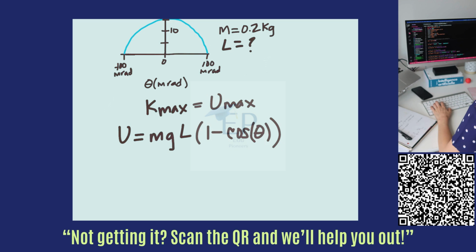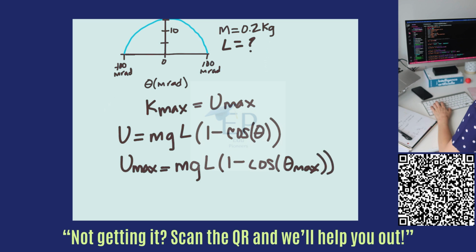And we can figure that our maximum potential energy is going to be mass times gravity times the length of the bob times 1 minus cosine of our theta max here.